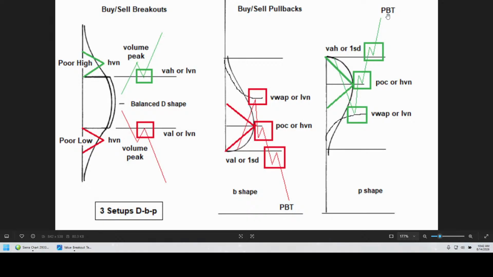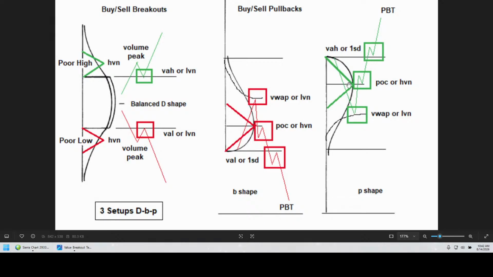And the term here where it says PBT, that stands for price balance target. What does that mean? That means if we take a P, Papa-shaped profile, you see how it kind of truncated here at the high. It's called a poor high.